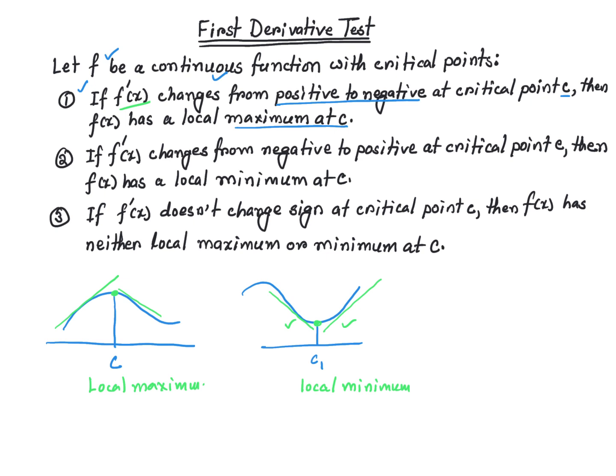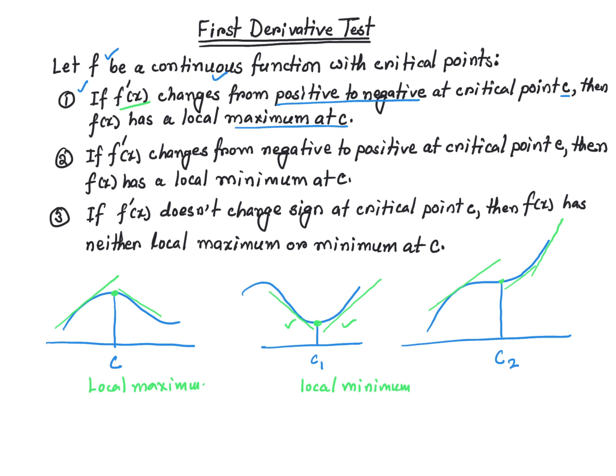Now let's consider the third case. Let's say you have a function that looks like this. Here the critical point, let's call it C2. To the left of C2, the slope of the tangent line is positive, meaning that the derivative is greater than zero. Here the derivative is zero, but to the right of C2, the slope is also positive.